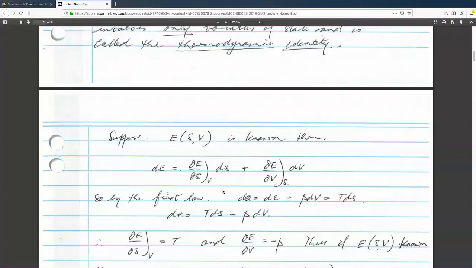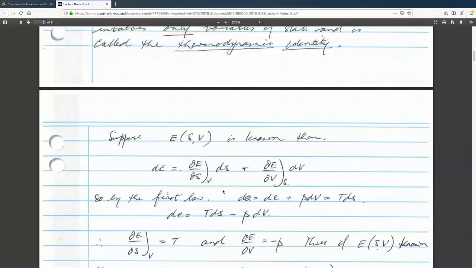So now you can see from this equation here that dE is equal to T dS minus P dV.